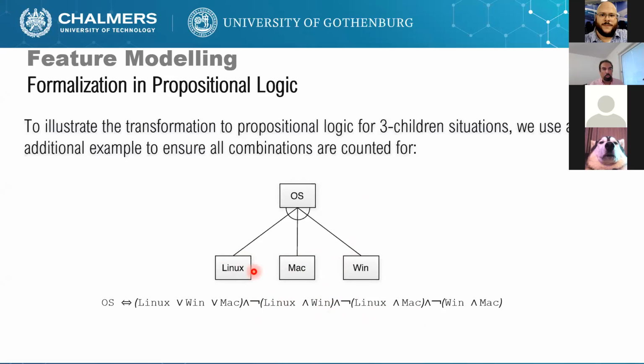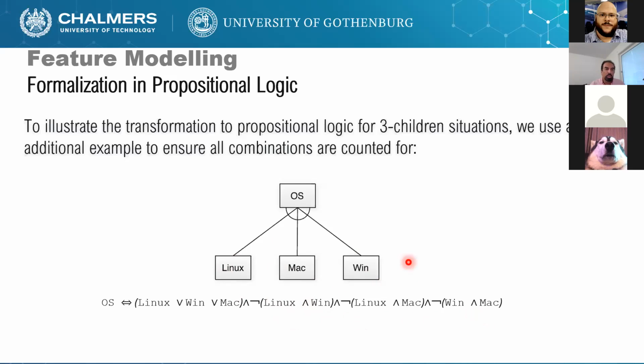But when you have 3 variables or 3, let's say, features, children, you have to do the combination of each, like this with this, this with this, and this with this. So 3 of them will create 3 combinations. If we have 4 of them, it will create 16 combinations.